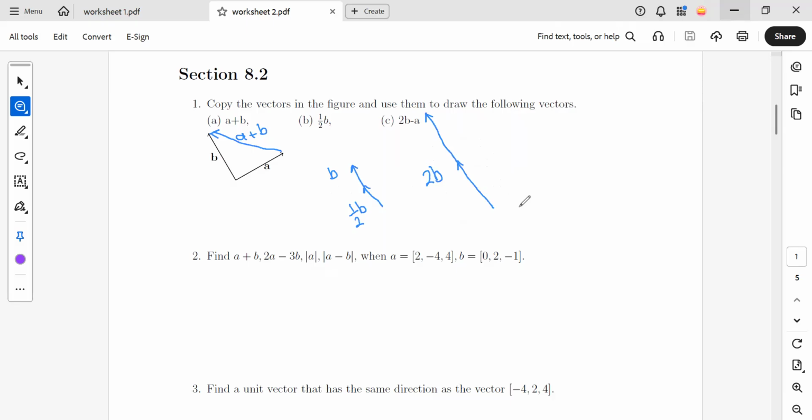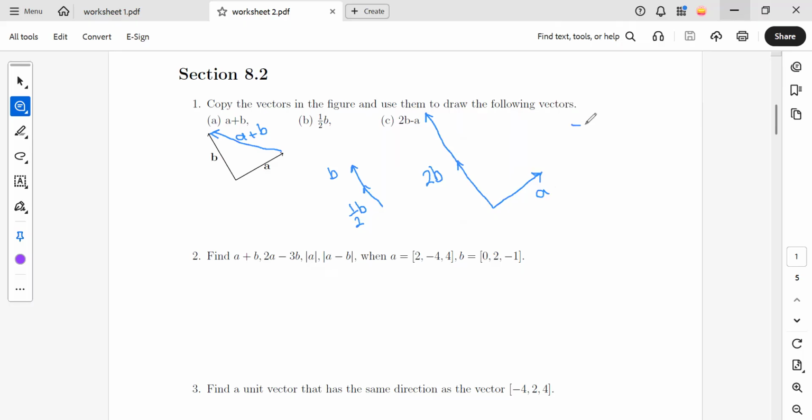And we also need to know what a is, and also we're going to use a. So let's say a is this one. We want to draw 2b minus a. This one is a.